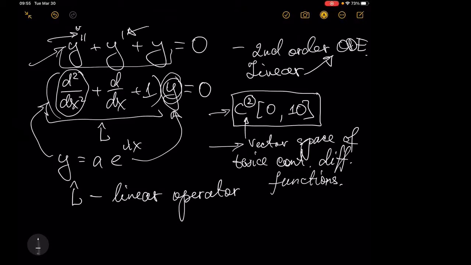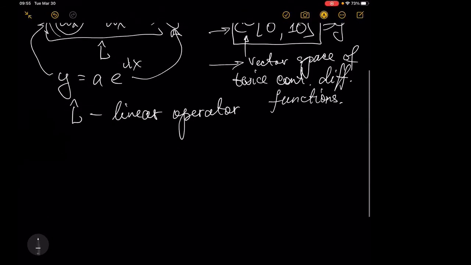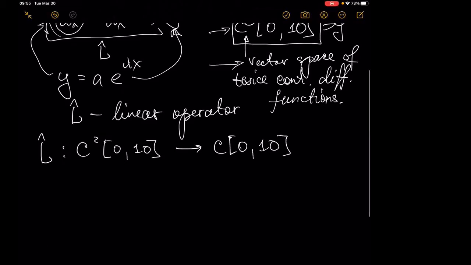The first derivative is obviously also continuous, and y itself is continuous. The sum of continuous functions gives a continuous function. So you can say that this L maps C2 on 0 to 10 to C, continuous functions on the interval from 0 to 10.